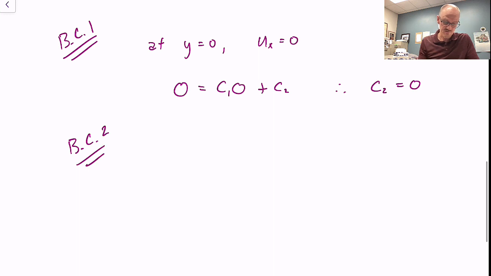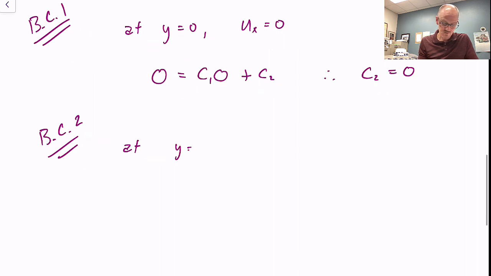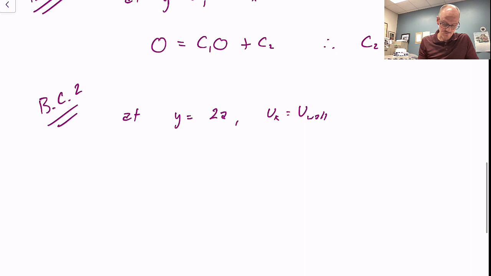Then boundary condition 2 is that at y equals 2a, ux equals U wall. And so we can write U wall equals C1 times 2a.